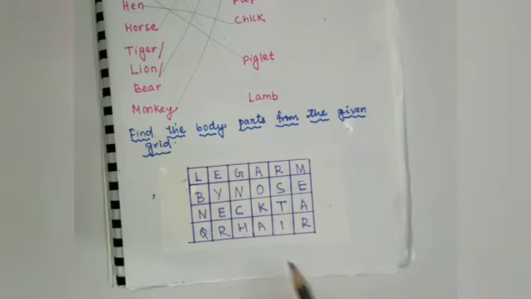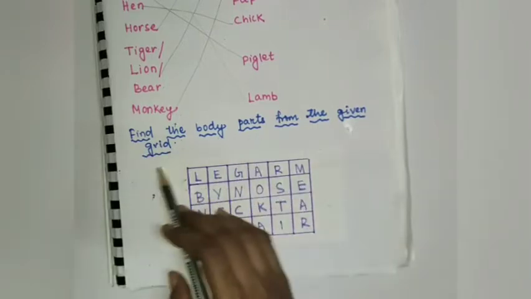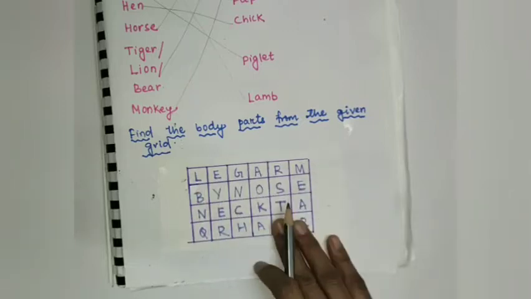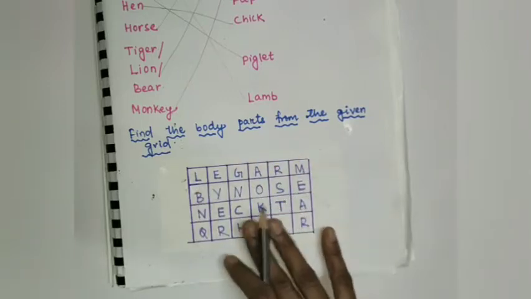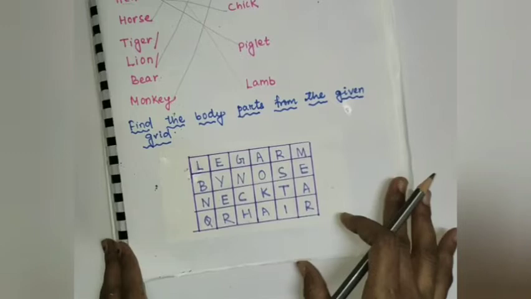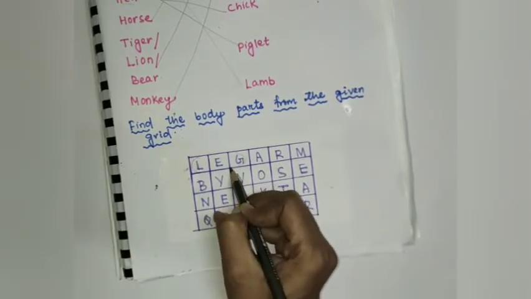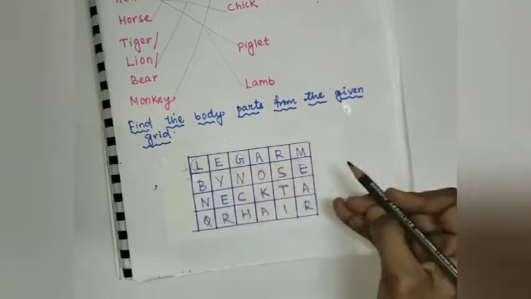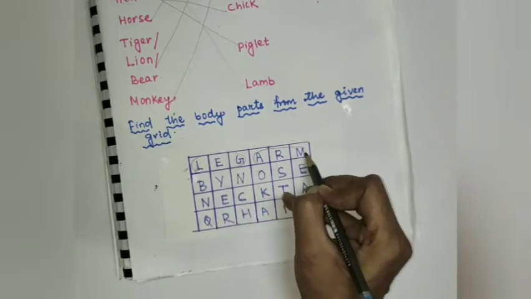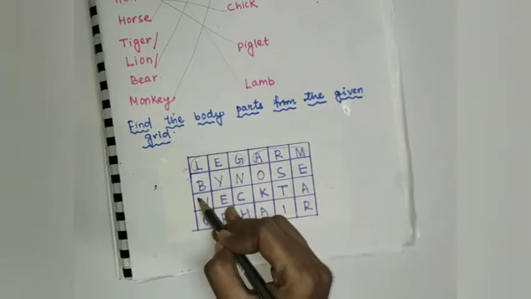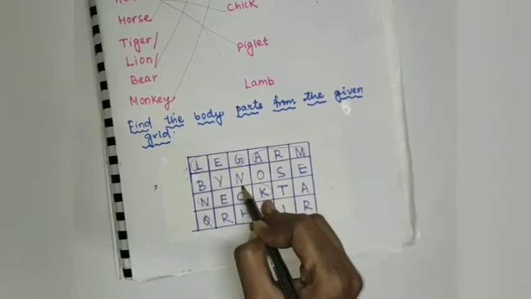Then here, find the body parts from the given grid. Here I have written some letters, and we'll find the body parts from here and circle them. First I'm searching here. Here, leg. Okay, the next body part is arm, A-R-M, arm. Then next, neck, N-E-C-K, neck.